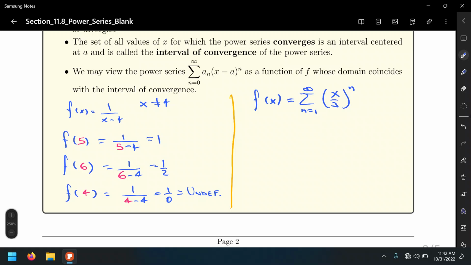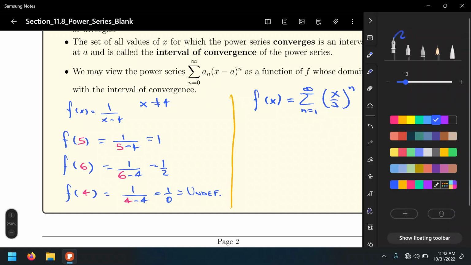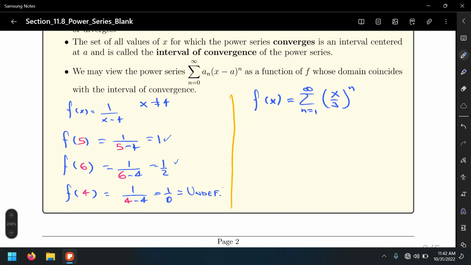Well, this geometric series now contains an x, and it's now defining a function. Depending on what we plug in for x, we may end up with something not defined, or undefined, but rather some infinite series that either converges or diverges.